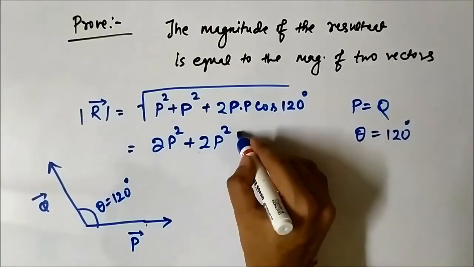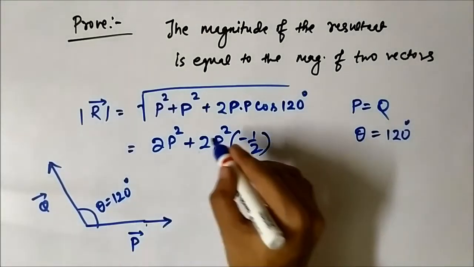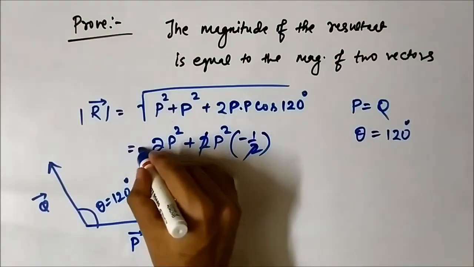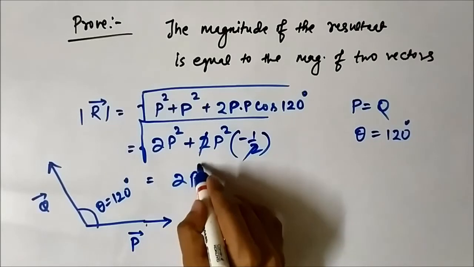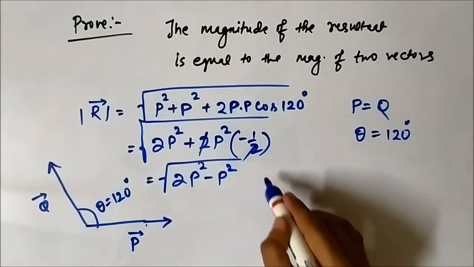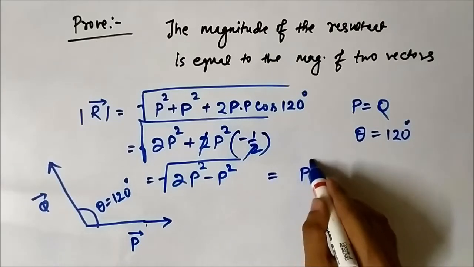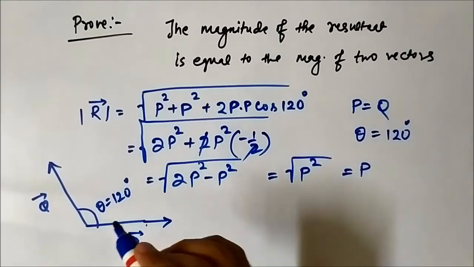So it is minus 1 by 2. The 2 gets cancelled, and this is equal to the root of 2p square minus p square, which is the root of p square, which is equal to p.